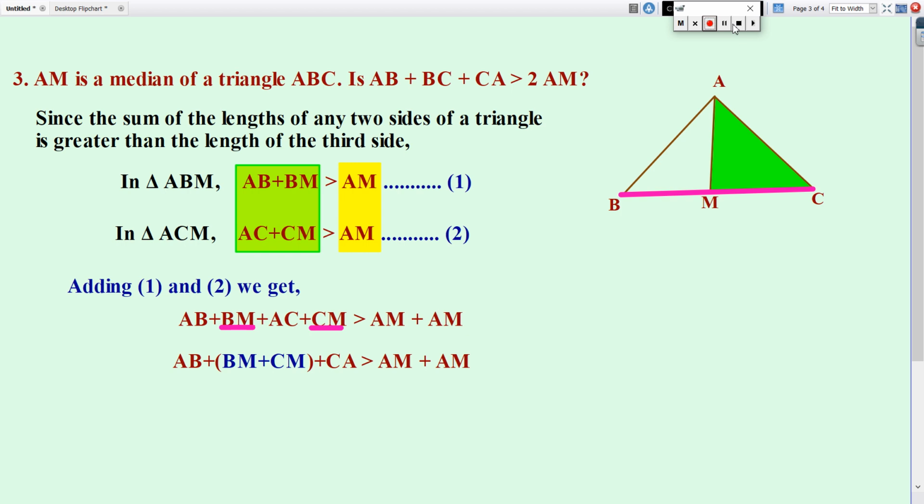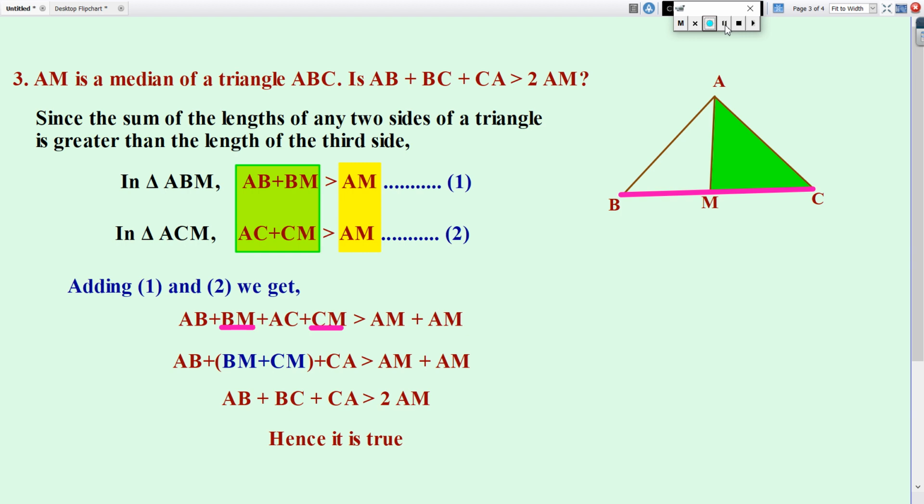So we get AB plus BC plus CA, AC you can write as CA also, greater than AM plus AM, 2AM. Hence, it is true that AB plus BC plus CA is greater than 2AM.